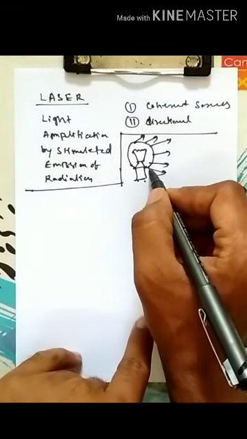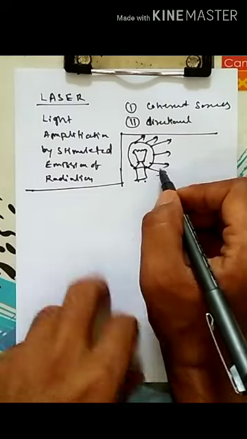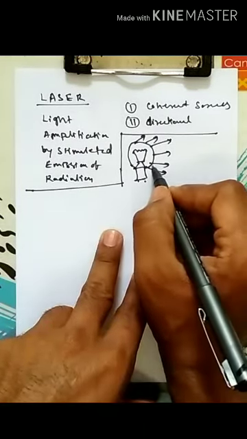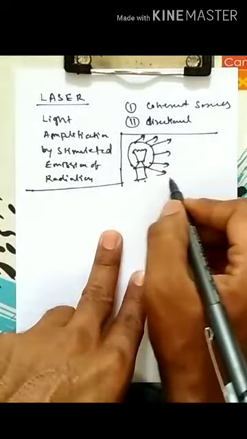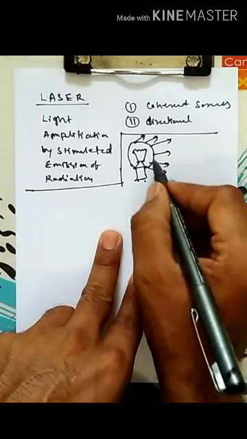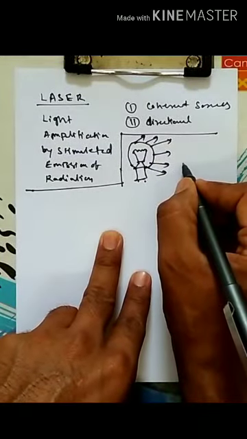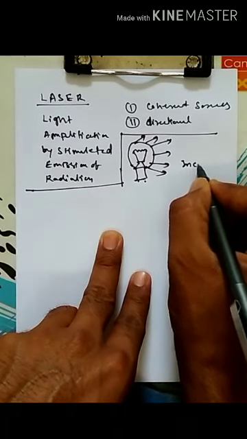So the light emits from each and every atom in different directions, with different phases. This type of light you may say is incoherent.